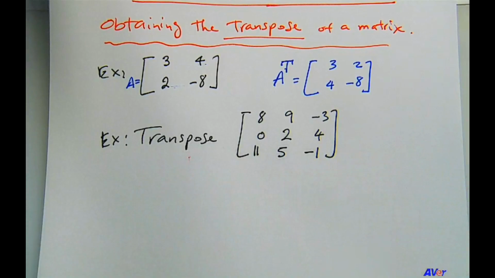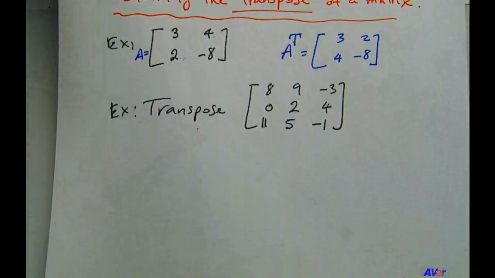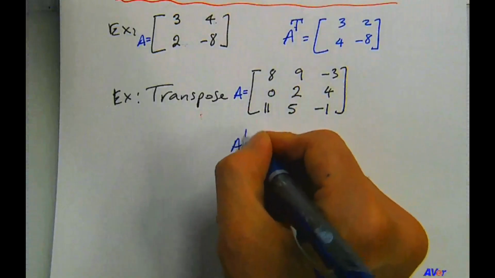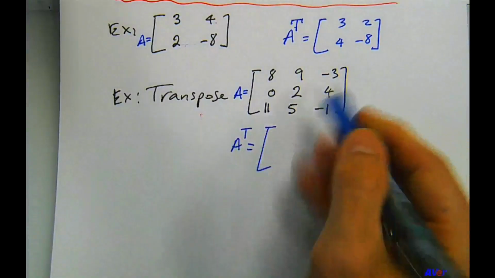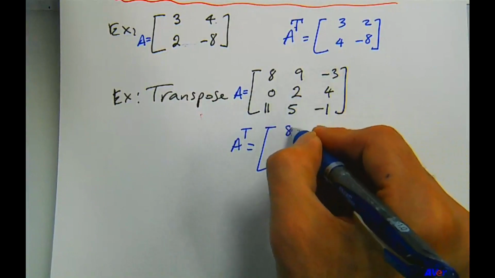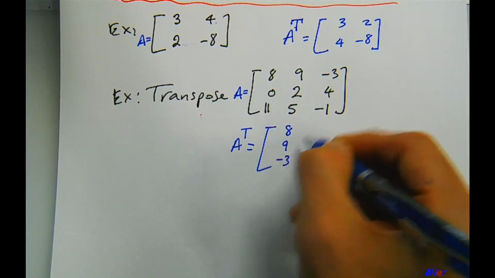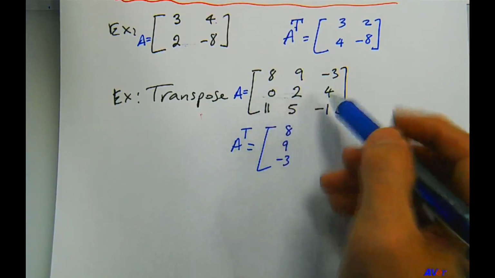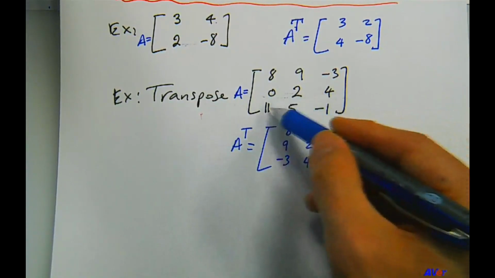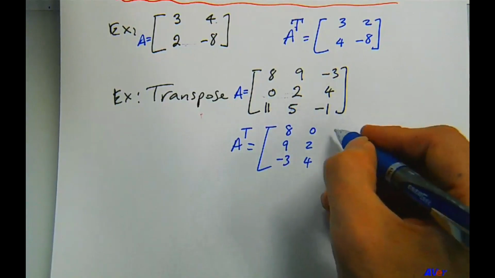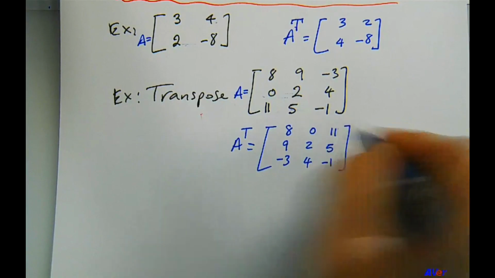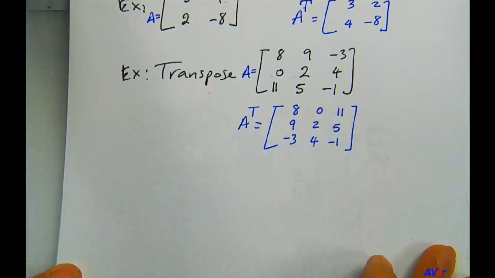We want to take the transpose of this. So once again, let's call this matrix A, and then the transpose matrix is going to be the first row becomes the first column. So 8, 9, negative 3. The second row becomes the second column. And the third row becomes the third column. Okay, so that's the transpose.